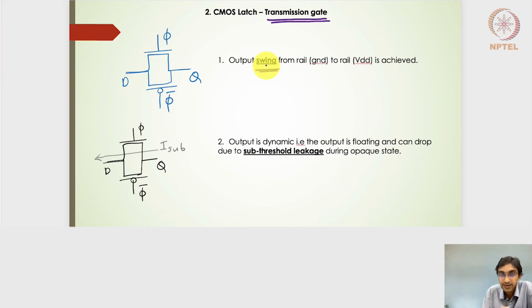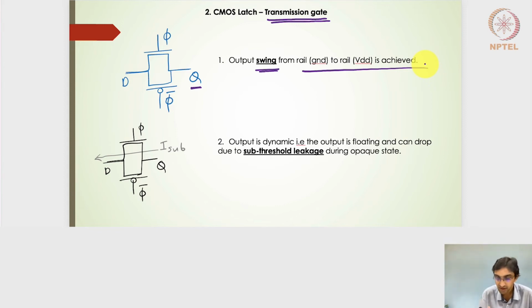It gives the output swing from 0 to VDD, because either the PMOS or the NMOS will ensure a successful logic 1 or a successful logic 0. So a rail to rail voltage is achieved. So that first disadvantage is removed by using a transmission gate as a CMOS latch.